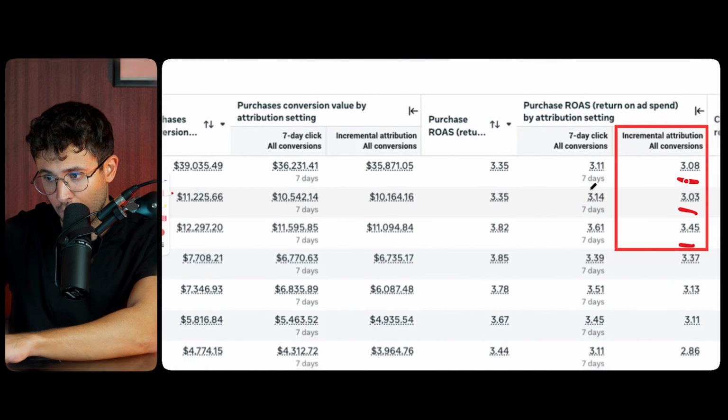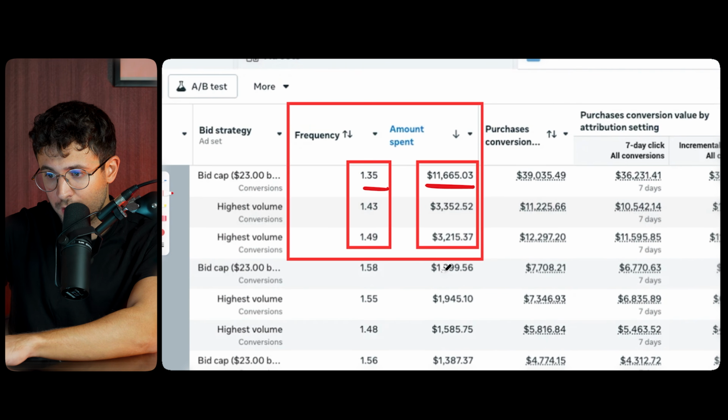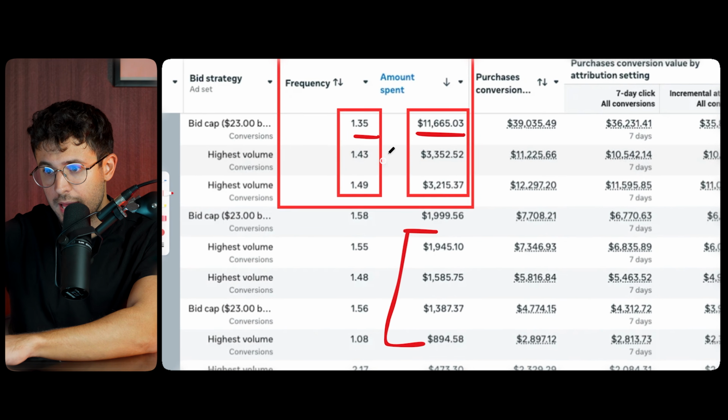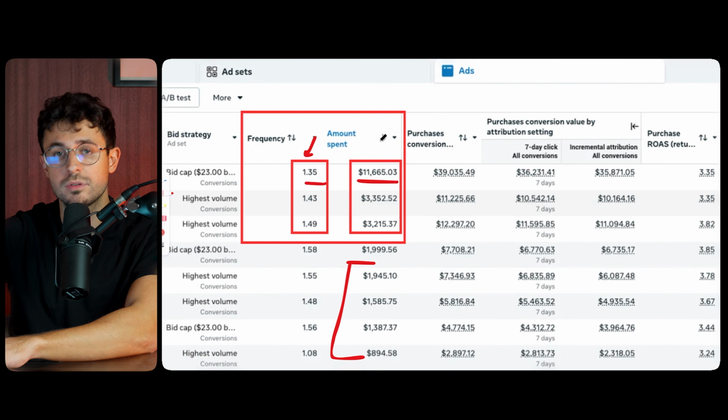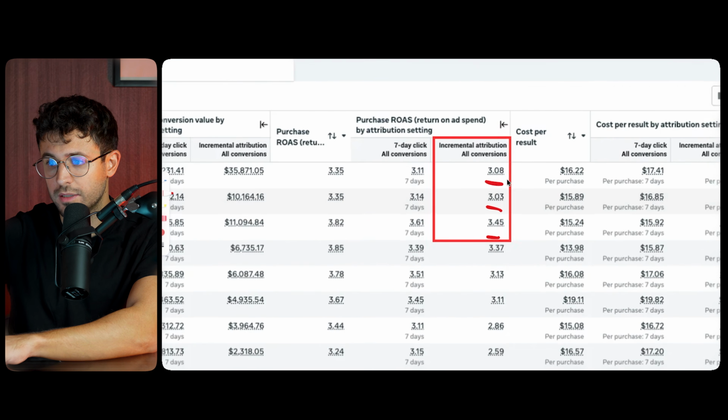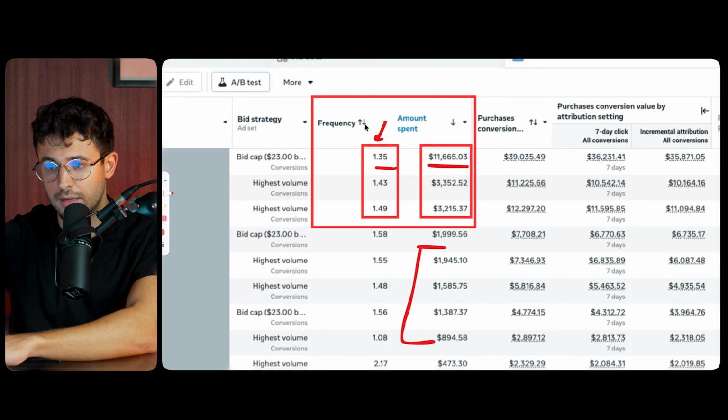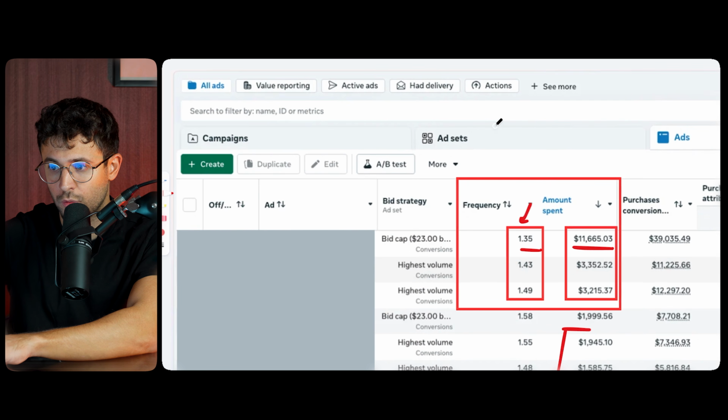This one are all good because you're spending a good amount of money compared to the others, okay? And the frequency is technically also low, and so you can scale. Here, if you scale, you're going to see the ROAS might go down, but not too much, but not at the ad level here. You will see that because you always need to judge ROAS at the ad set or the campaign level.